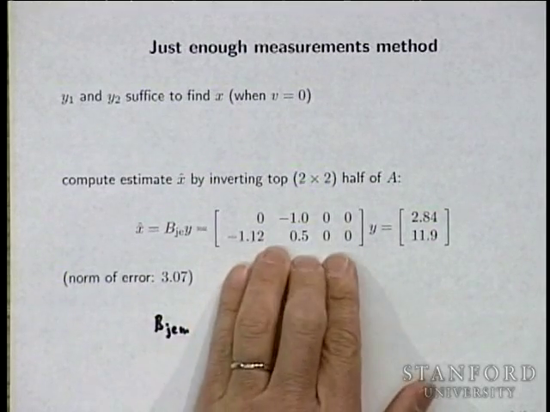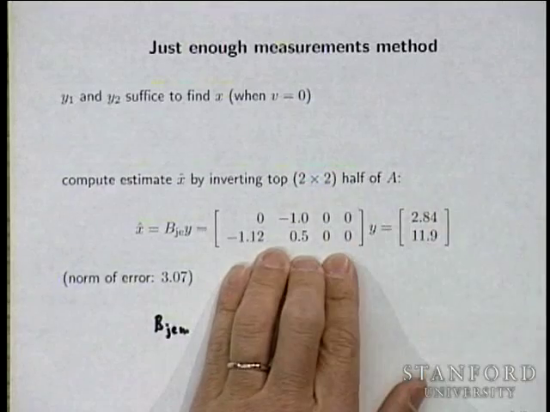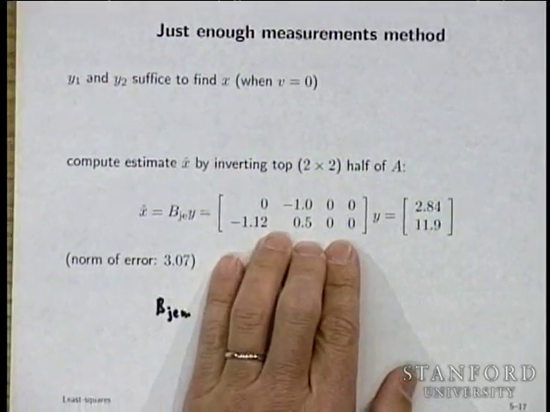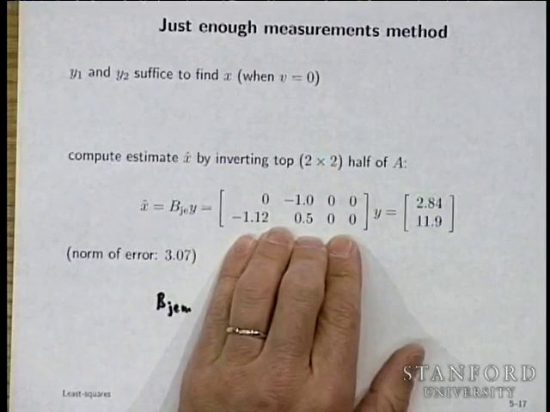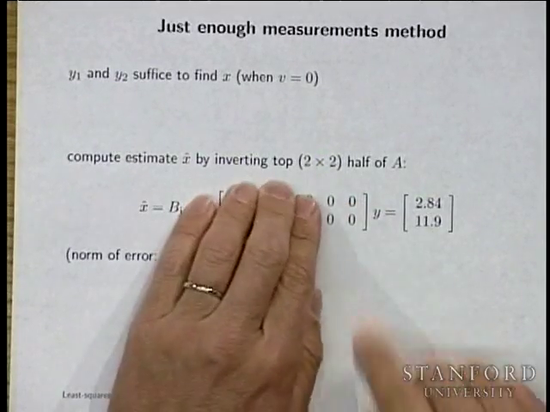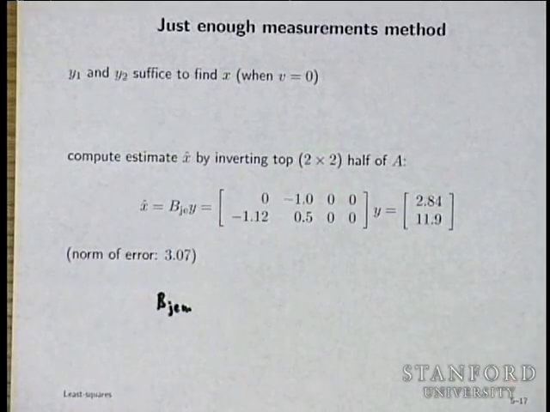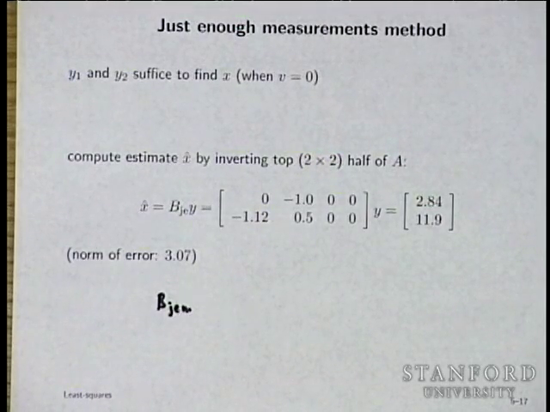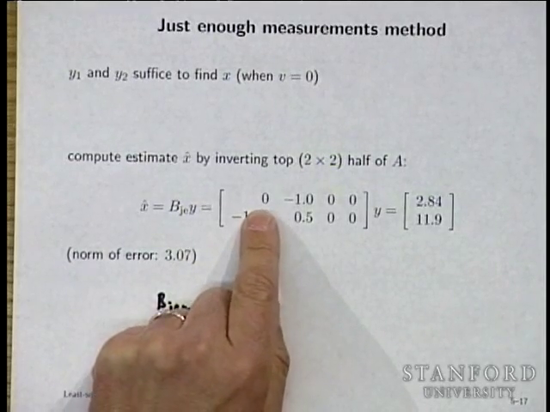When you see this and you see these zeros, you should immediately come up with an explanation. In this case, what is the meaning of these 4 zeros? It means the last two measurements are irrelevant. This other 0 is sort of just an accident.